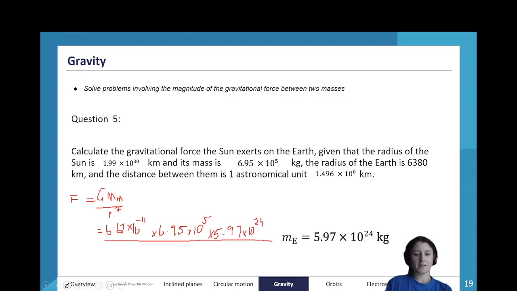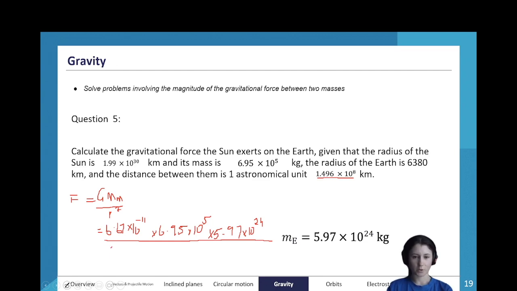Now the distance between them is 1.496 times 10 to the 8, but we also have to account for the radius of the Earth.